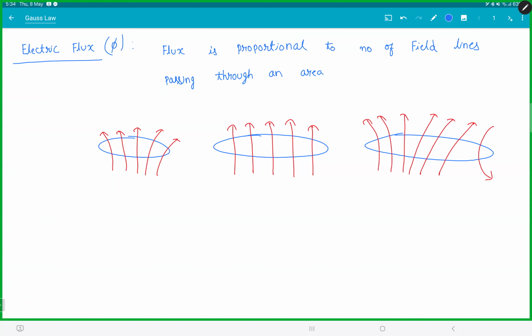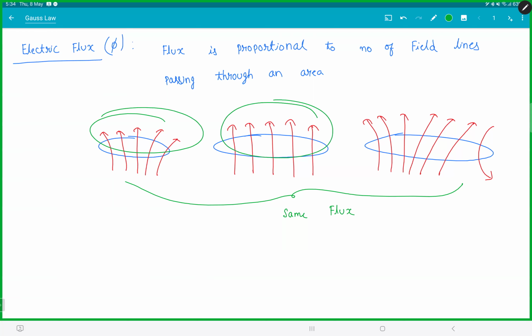Now, if you actually check this out, they have the same flux. Flux only depends on the number of lines. It doesn't depend on how the lines are entering the surface, and it doesn't depend on how big the area is. There are 5 lines here, 5 lines here, and 6 lines coming out and 1 going in, so 6 minus 1 is still 5. So flux is simply how many lines are passing through an area. That is the definition of flux.